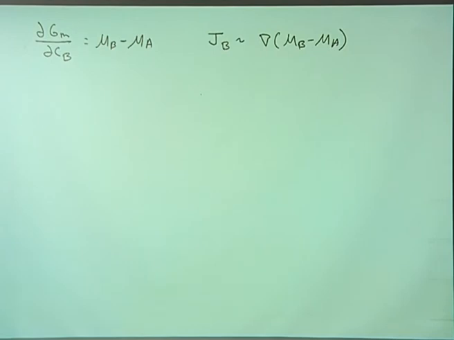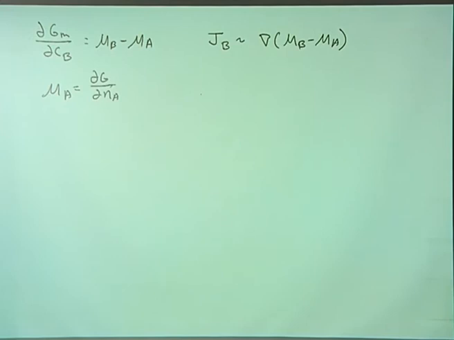For those of you who don't remember, a quick review of thermodynamics: mu_A is equal to the derivative of the free energy with respect to the number of moles of A. The reason the derivative of the molar free energy with respect to the mole fraction is equal to the difference is that you're normalizing by the number of moles in the system. They're mole fractions, and that gives free energy per mole.